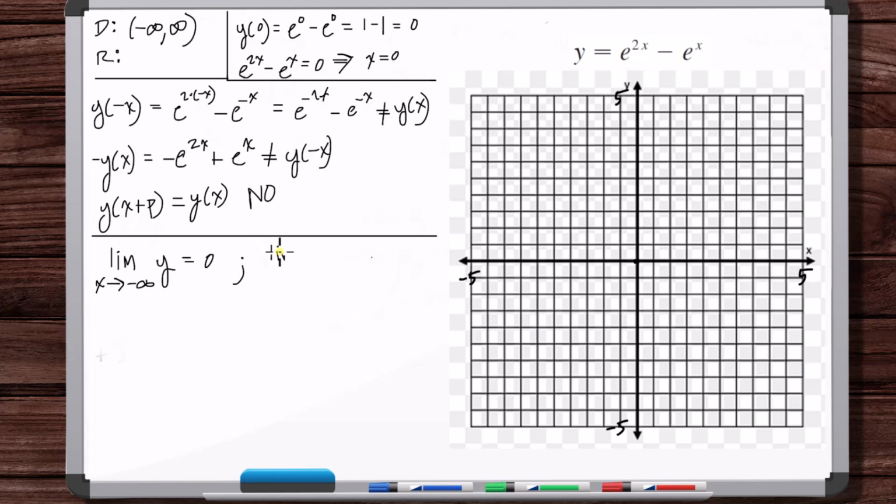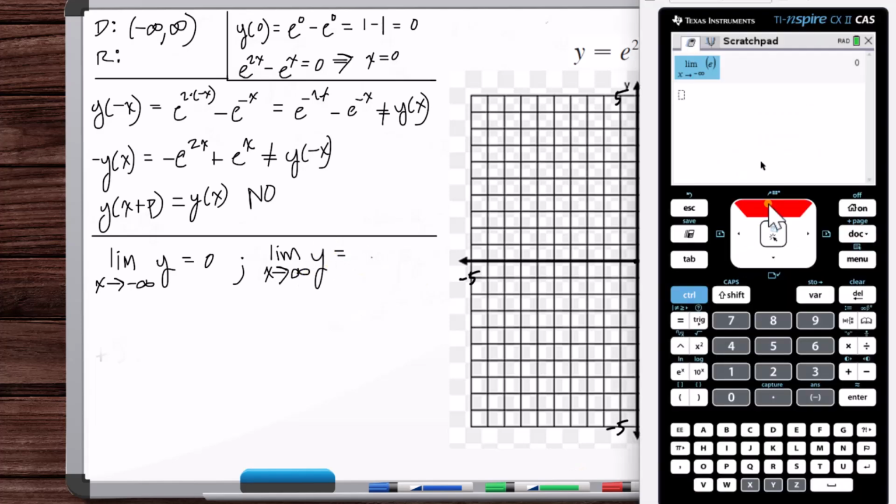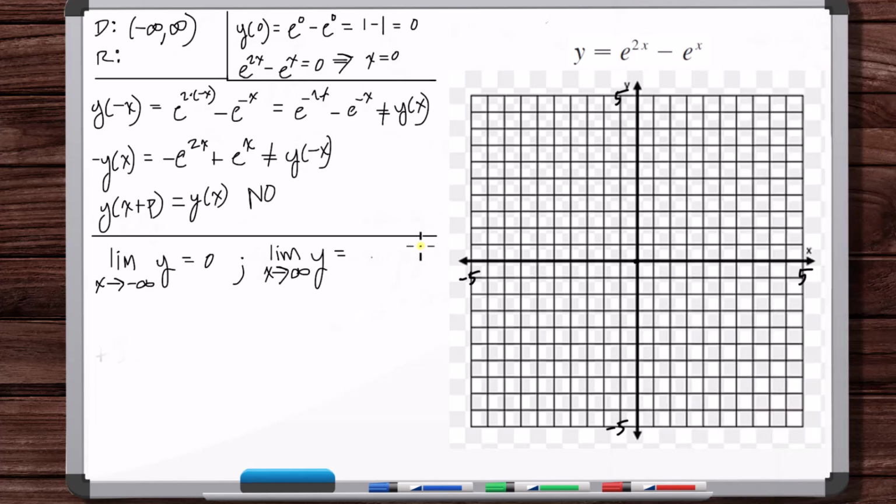What is the limit as x approaches positive infinity of the function? It's infinity. All right, so we're going to have a horizontal asymptote as x goes to negative infinity. It's going to be y is equal to 0. So the function's going to be doing something like this. And then as x goes to infinity, the function goes to infinity, so it's just going to be coming off like that.